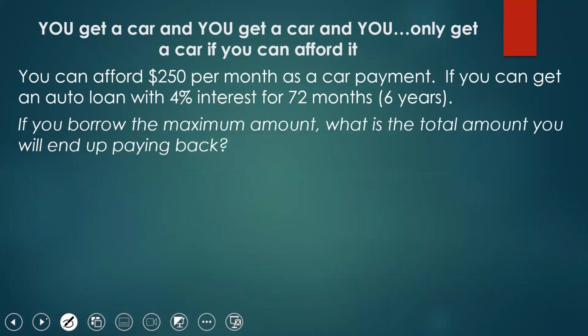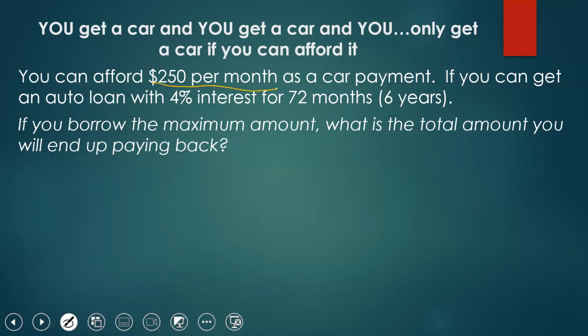So our next question is, if we borrow that maximum amount, $15,979.36, and assuming we take the full 6 years to pay it back, what is the total amount we'll end up paying back? There's not necessarily a formula for this one, but we can just use our reasoning skills.